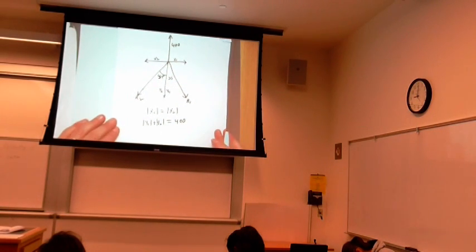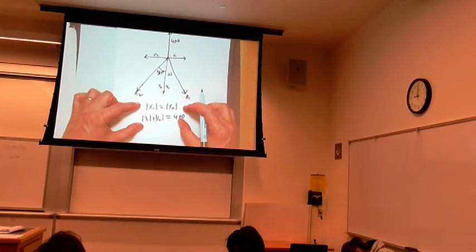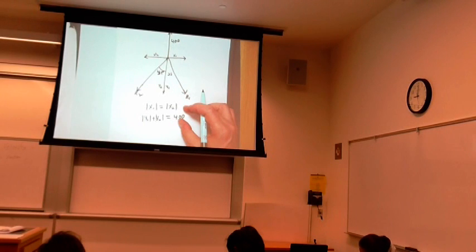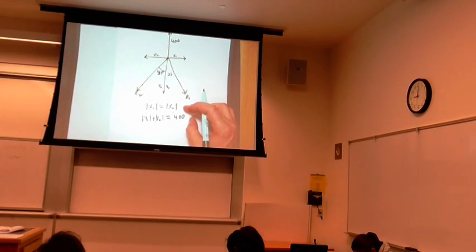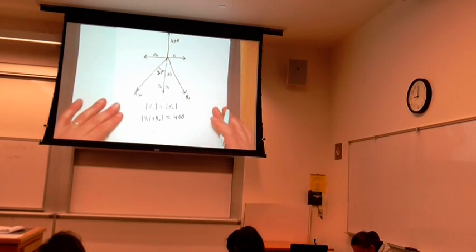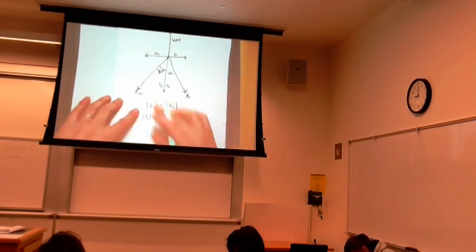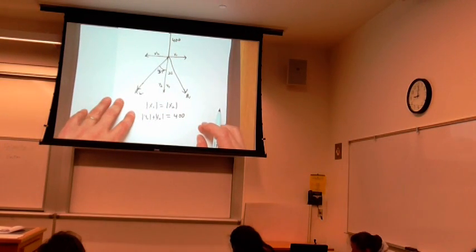All right, so with those two equations, we're going to come up with two equations and two unknowns, and we're going to go back to algebra 1 to solve this. But first we have to figure out what these guys are in terms of the angle.